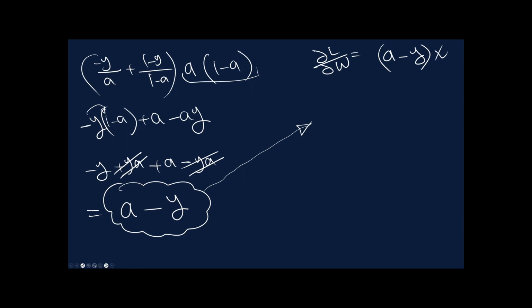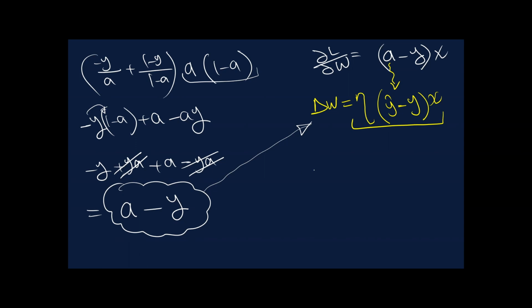I think this is really nice because if you think what is a? A is just y hat. So this is actually y hat minus y multiplied by x. And we just wanted to tune this down a little bit to smooth the effect with the learning rate. And this was exactly the weight update function that we were using, right?